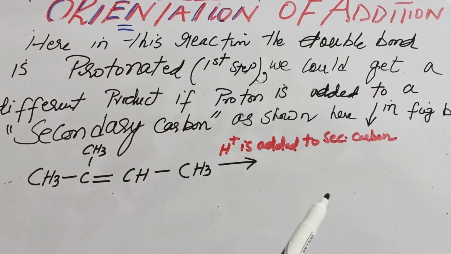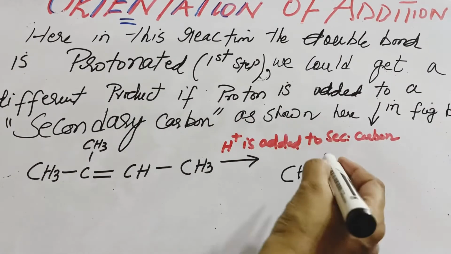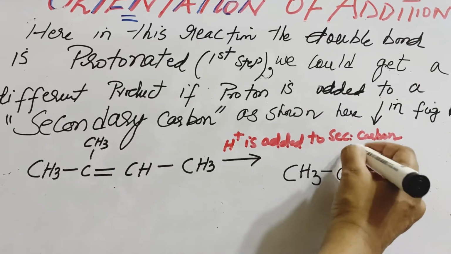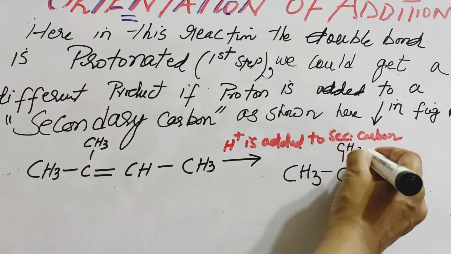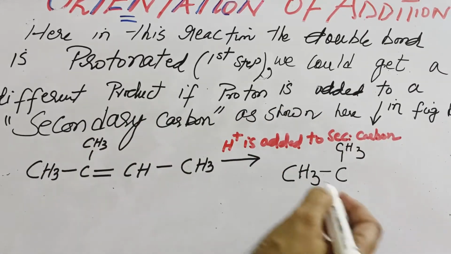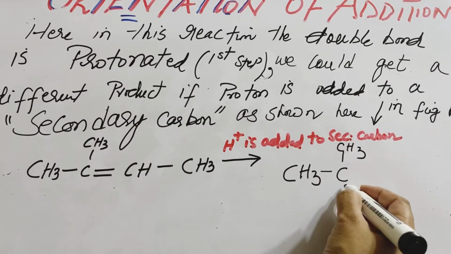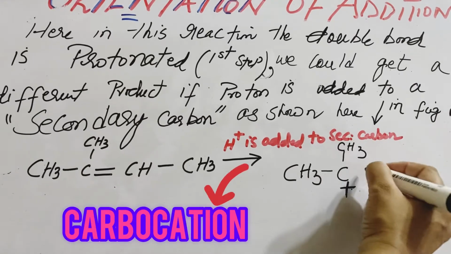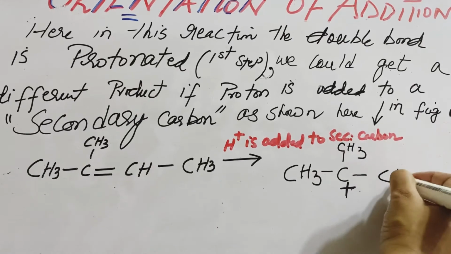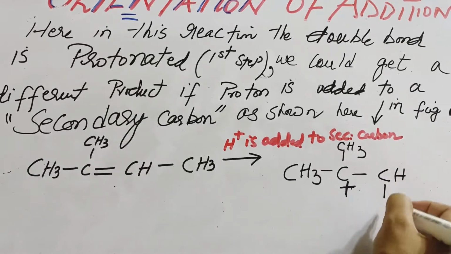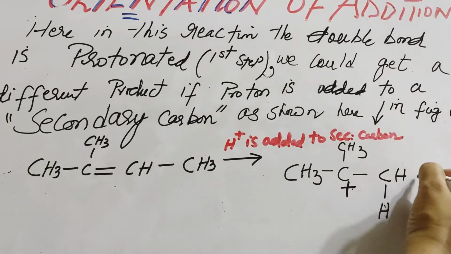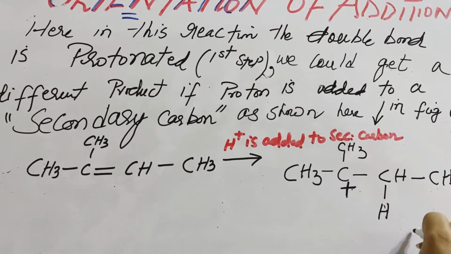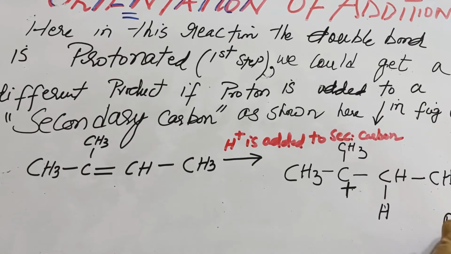Now you can further see what is happening. You will see CH3, then C. You will see the formation of a carbocation. Something is happening here. As I just said, that proton has been added. So this is a carbocation. And of course, the rest of the group, CH3, with the release of the leaving group, that is the bromide.